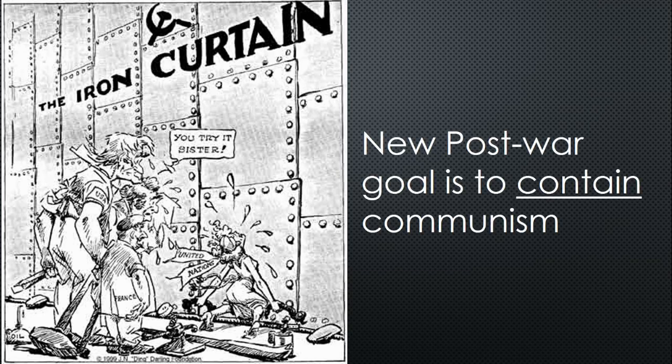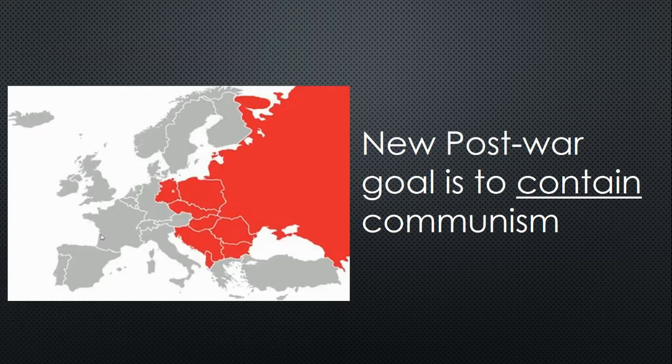Where we're headed is this new post-war goal to contain communism, because that is the big concern. That was one thing Churchill warned about: it's not so much that these countries are red, which was certainly an issue, but the other issue is that these things could possibly expand into other areas.